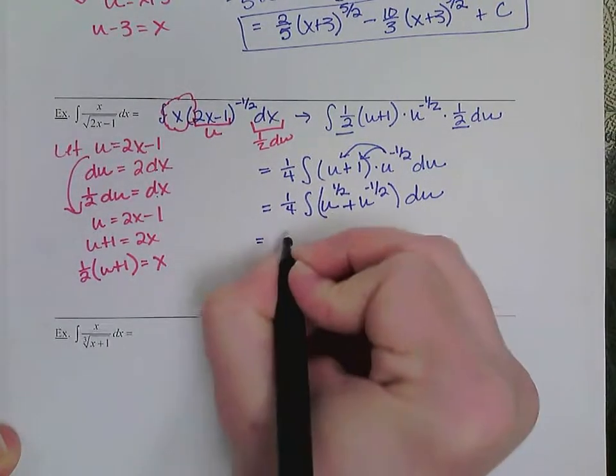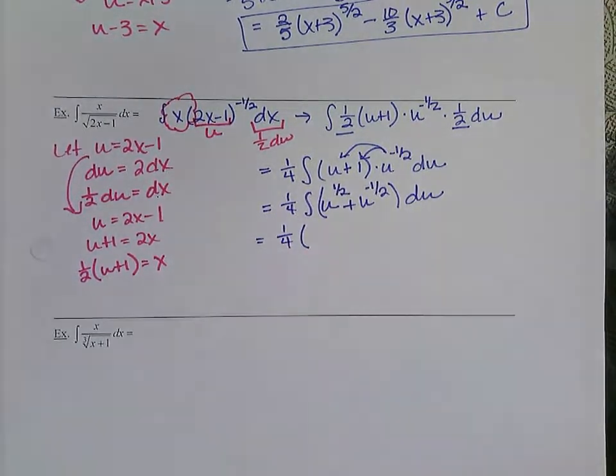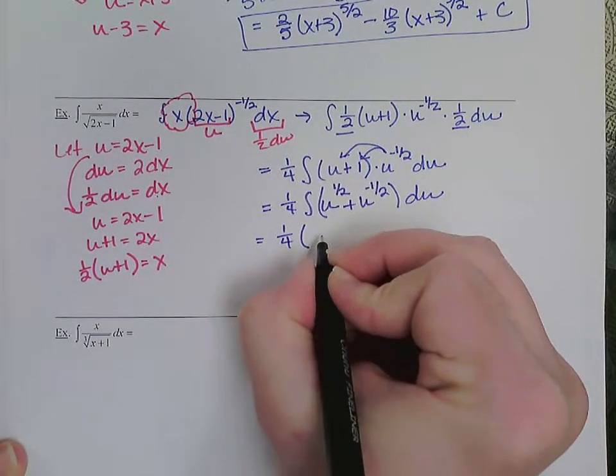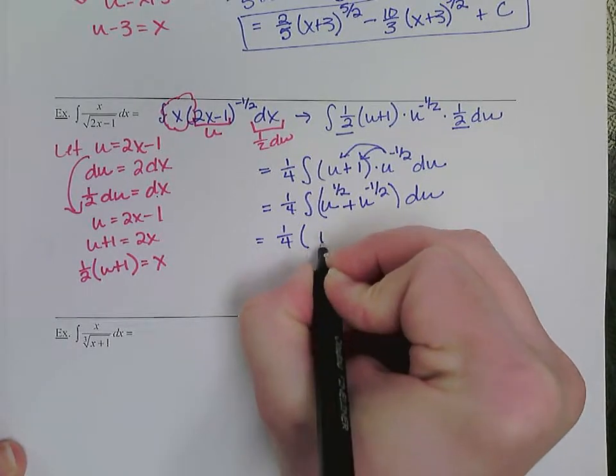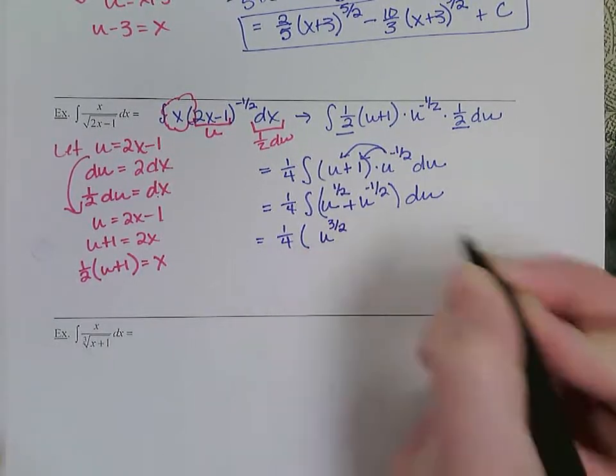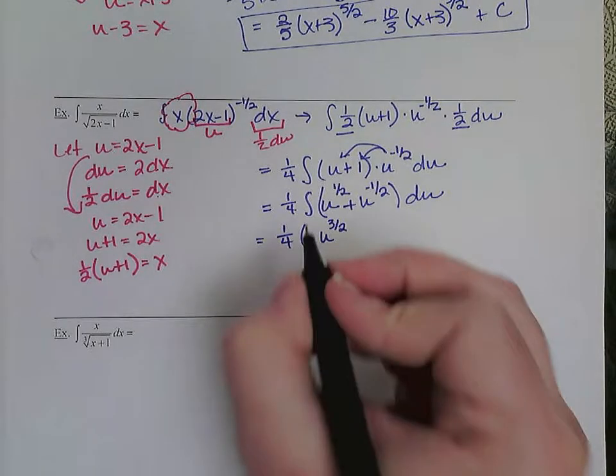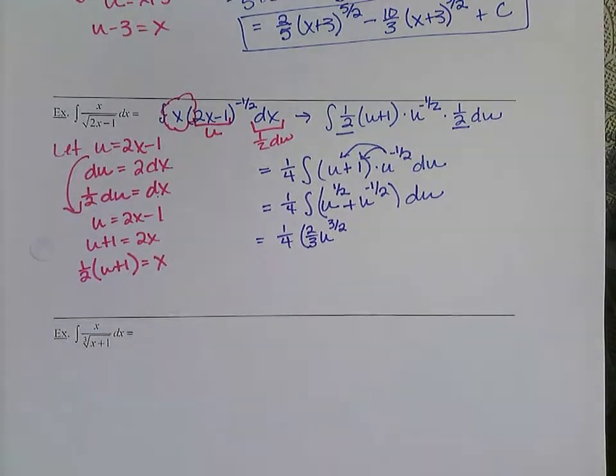So then I'll leave my constant multiple alone and take the antiderivative. The antiderivative of u to the 1/2 will be u to the 3/2 over 3/2, or times 2/3. Dividing by 3/2 is the same thing as multiplying by the reciprocal, 2/3.